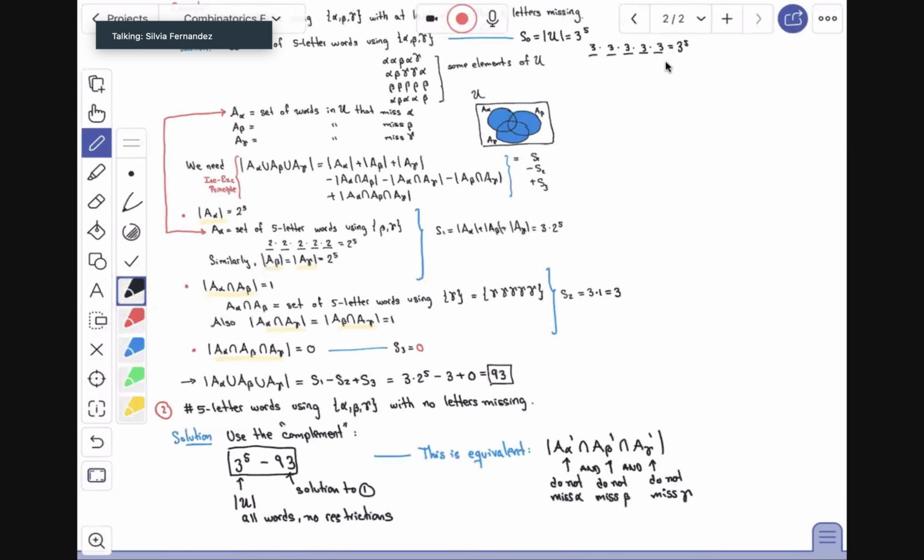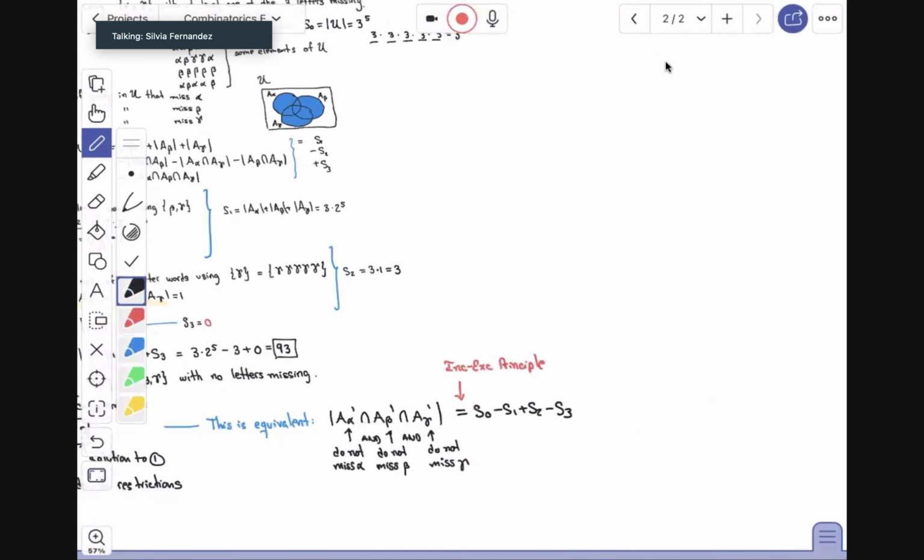And so the inclusion-exclusion principle says to do S naught minus S1 plus S2 minus S3. And now you just have to compute all of them.